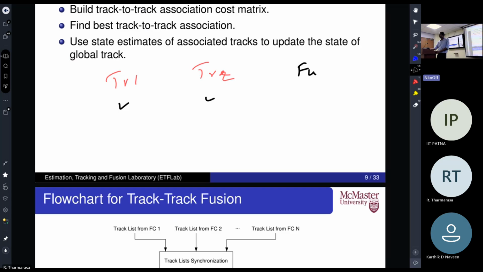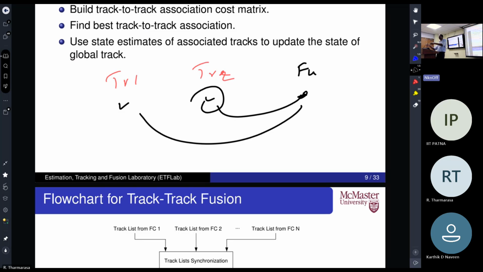But if you have something here, you can't say these are uncorrelated, because this information is already used in that track itself. So that way you can't use that again. Okay? It may be a little complicated, but please think and try to understand this part. So correlation is the biggest challenge in track to track fusion. Okay?